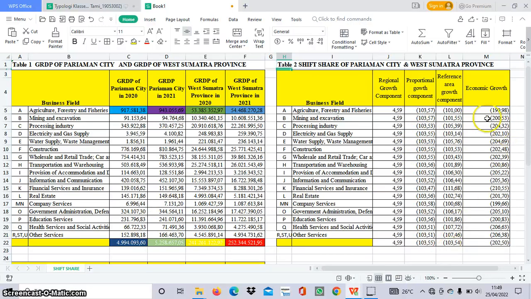And last, to calculate the economic growth, we use the formula: the sum of the regional growth component plus the proportional growth component, plus the reference area growth component, and the result is this.